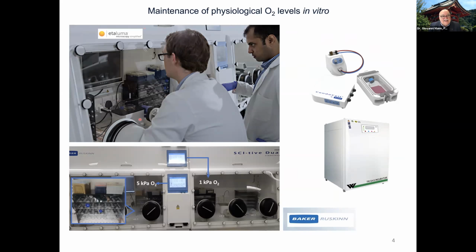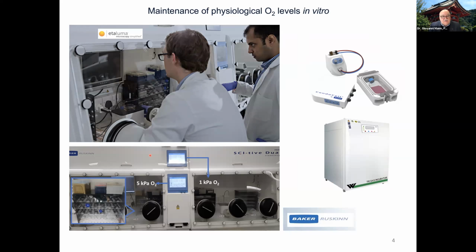They have a small Etaluma fluorescent microscope in here, and all our cells are cultured long-term in this defined oxygen environment. They never are taken out and exposed in a laminar flow hood. This enables cells to adapt to the oxygen level that we're interested in, and you can see here one of these flasks being viewed on the Etaluma microscope.